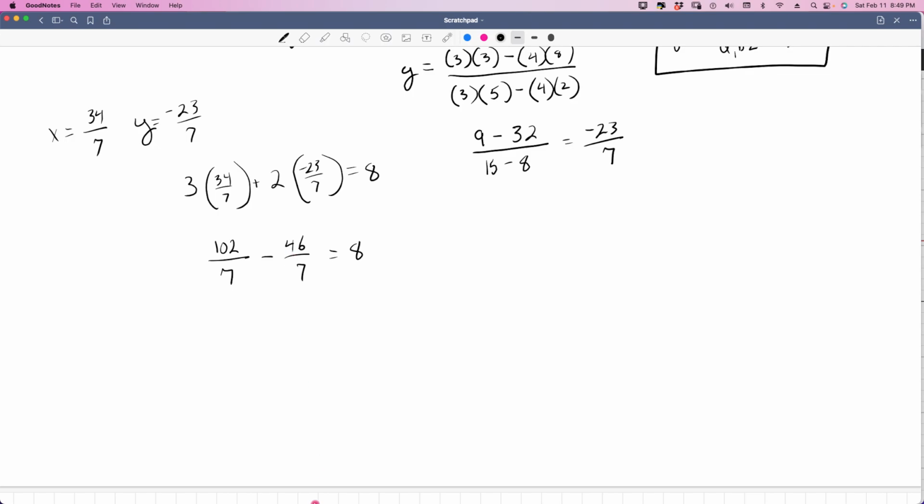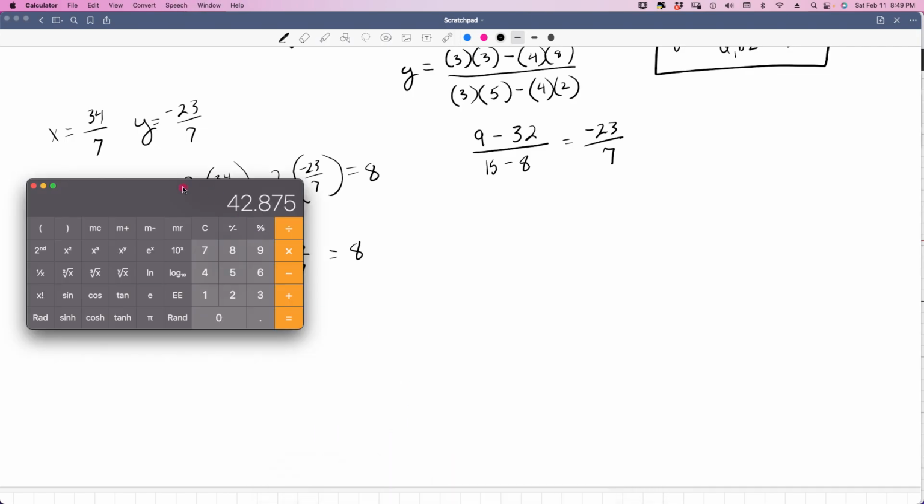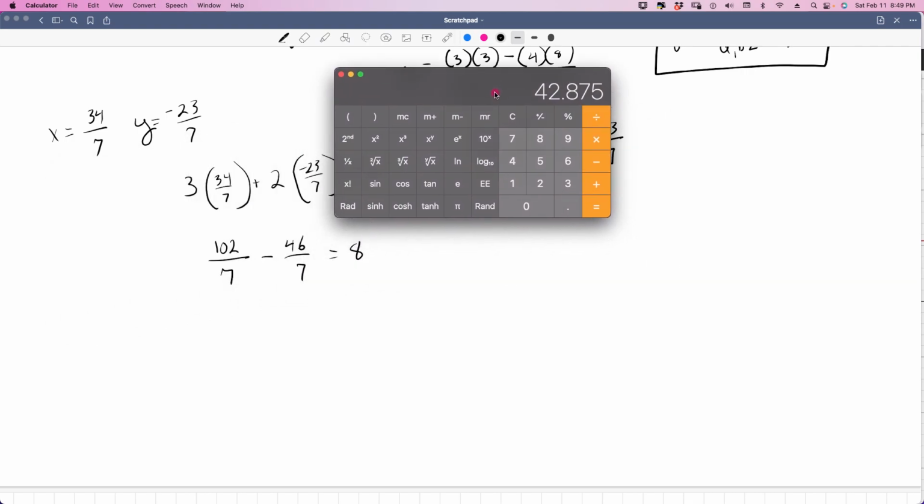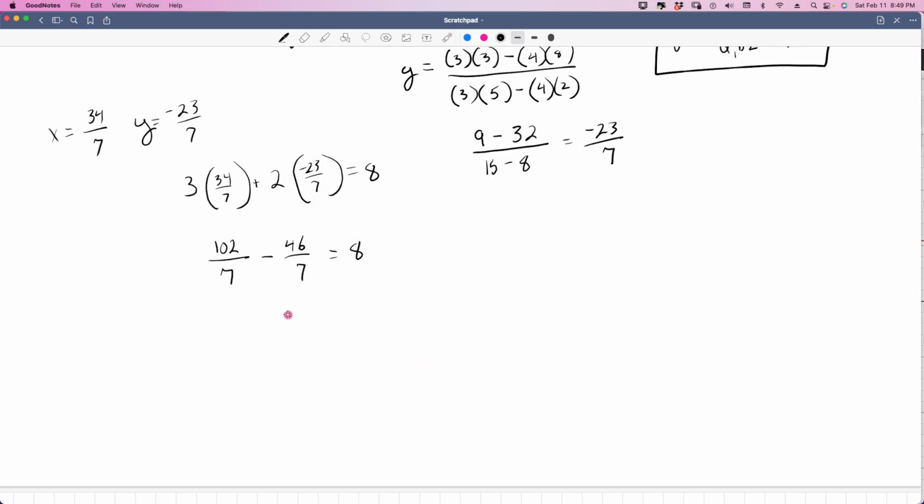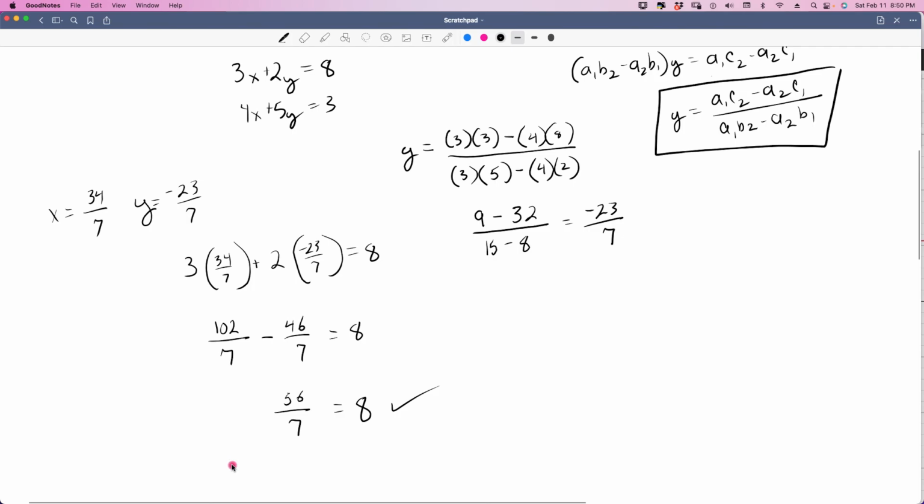And all right, let's just do it on the calculator. I can't do it all in my head. I can't do everything in my head, believe it or not. I'm not that smart. 102 minus 46 is 56. 56 over 7 is equal to 8. So how about that? Checks out.